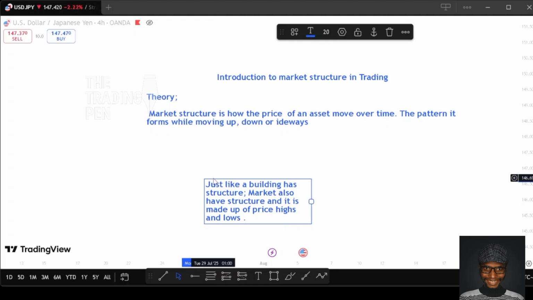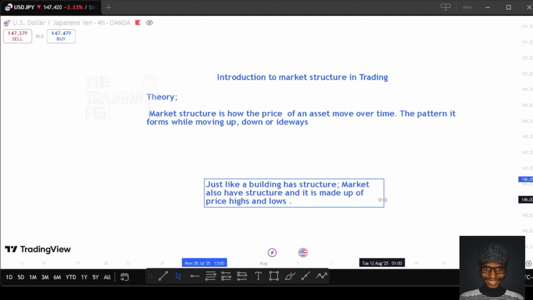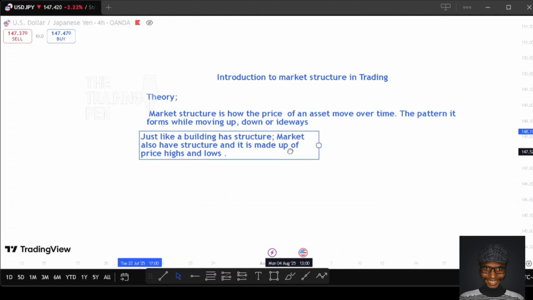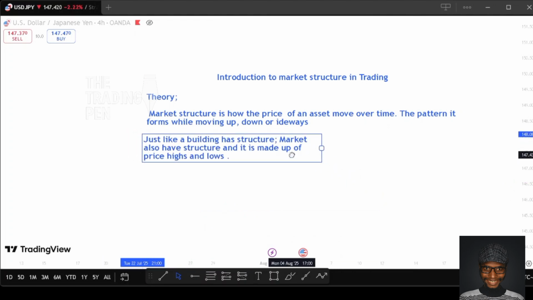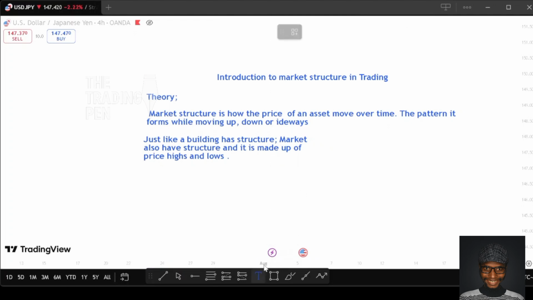Traders use this to read what the market is doing and where it is likely going next. Just like a building has its own structure, the market has structure too, and that is what traders use.